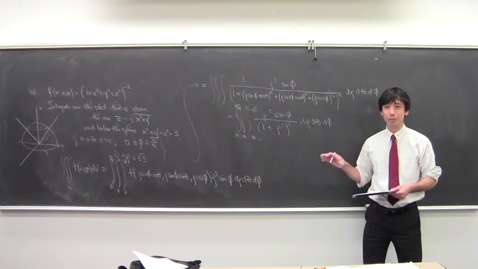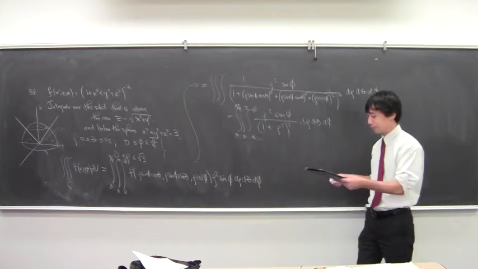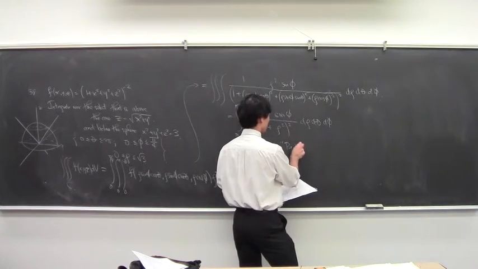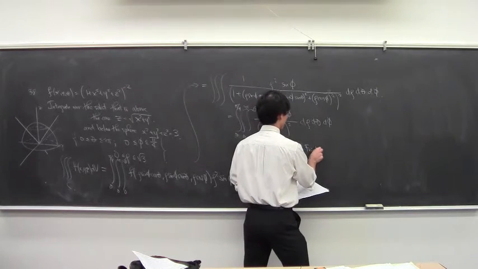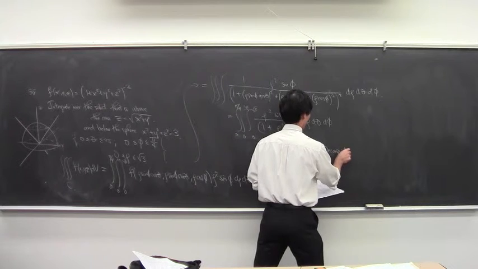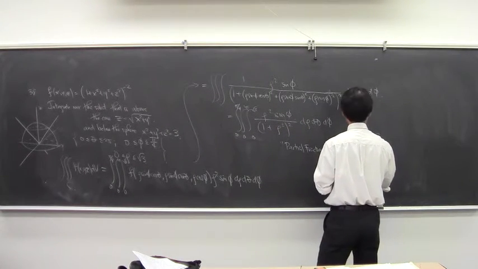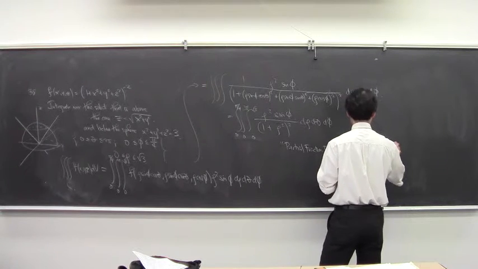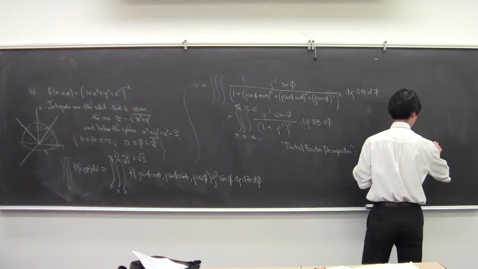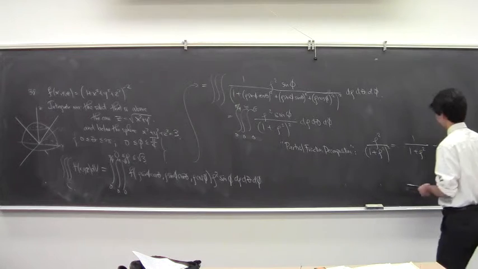Does this look familiar to you? Partial fractions, yes, exactly. So you use the method of partial fractions, so-called partial fraction decomposition. If you work it out, you get that this thing equals 1 over 1 plus rho squared minus 1 over 1 plus rho squared quantity squared.